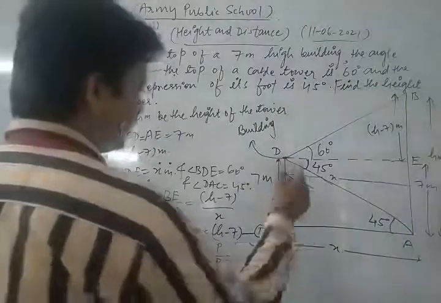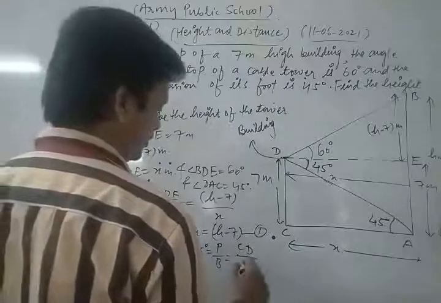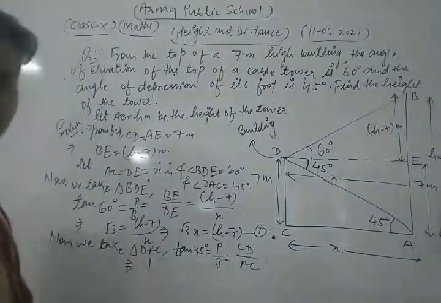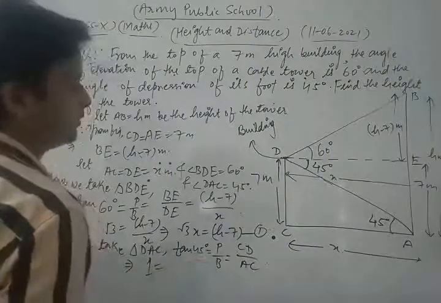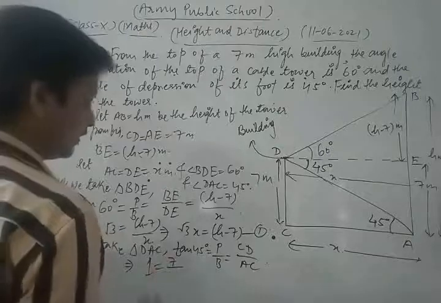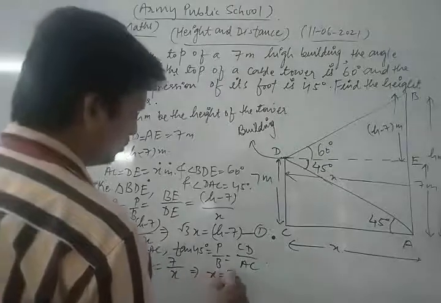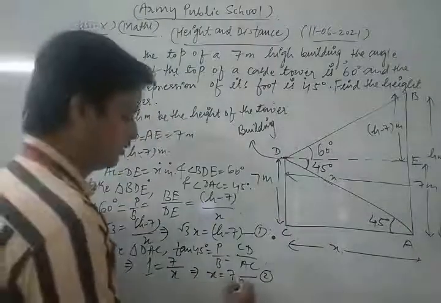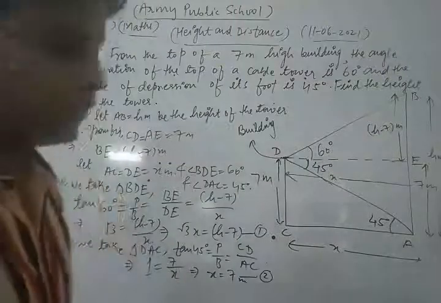So perpendicular is CD, base is AC. Okay, now tan 45 is 1. So CD is 7, AC is X. So X is equal to 7, we take as equation number 2. Okay. So in this way we form two equations. Now we take equations 1 and 2. Let's see.